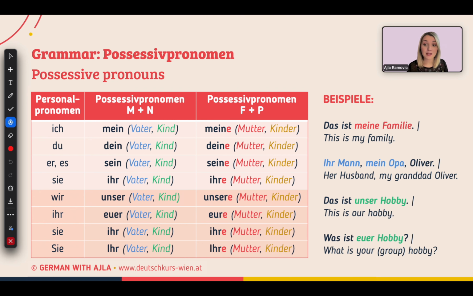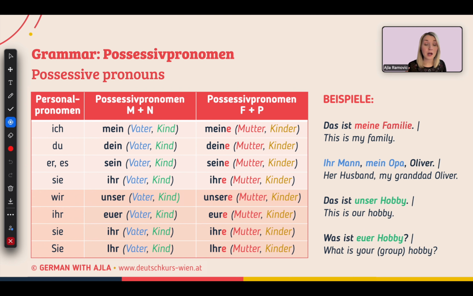The next one is ihr. Be careful, the personal pronoun ihr means you in terms of a group. You all. Ihr. And the possessive pronoun that we use here is euer or eure. Please be careful.